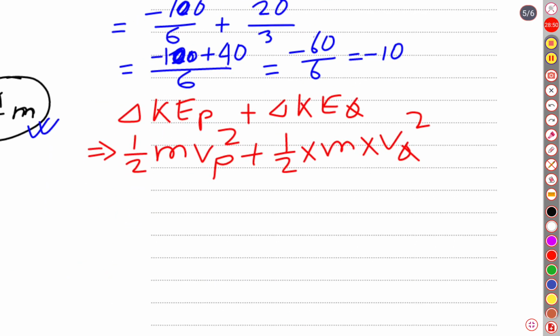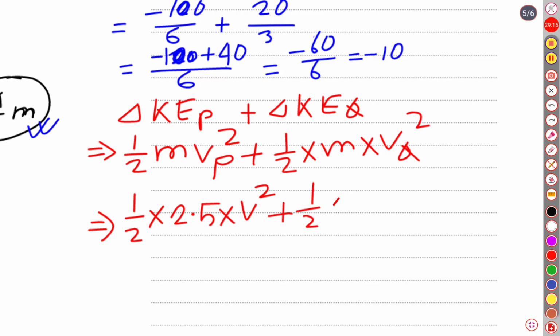The final velocity is to be obtained. The mass of particle P was 2.5, and the initial velocity was 0, so there is no necessity of subtraction. The velocity of each particle is the same, so we simply write a common v, plus half into the mass of particle Q, 0.5, and the velocity is the same, so we write v squared.